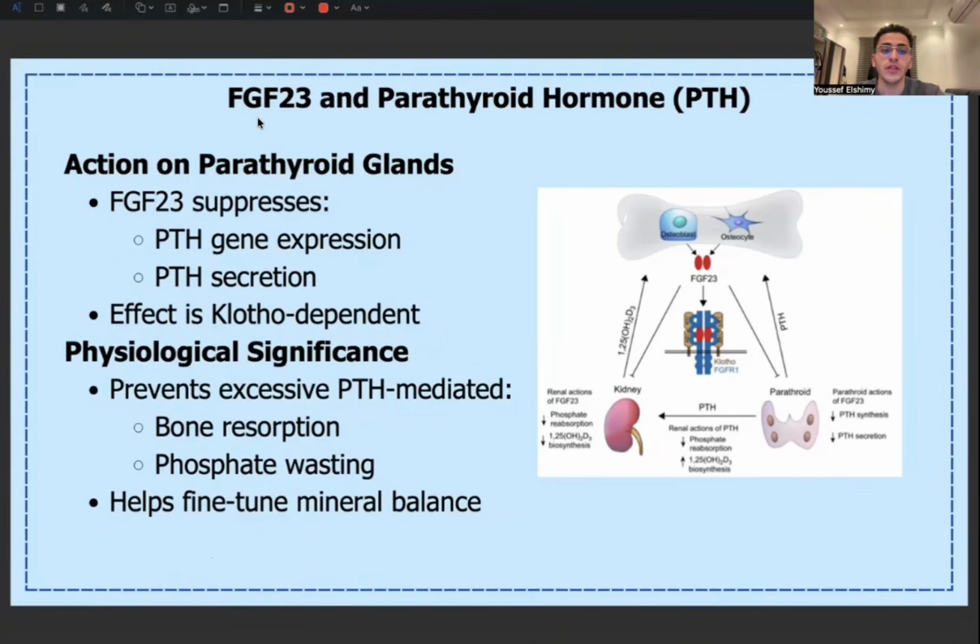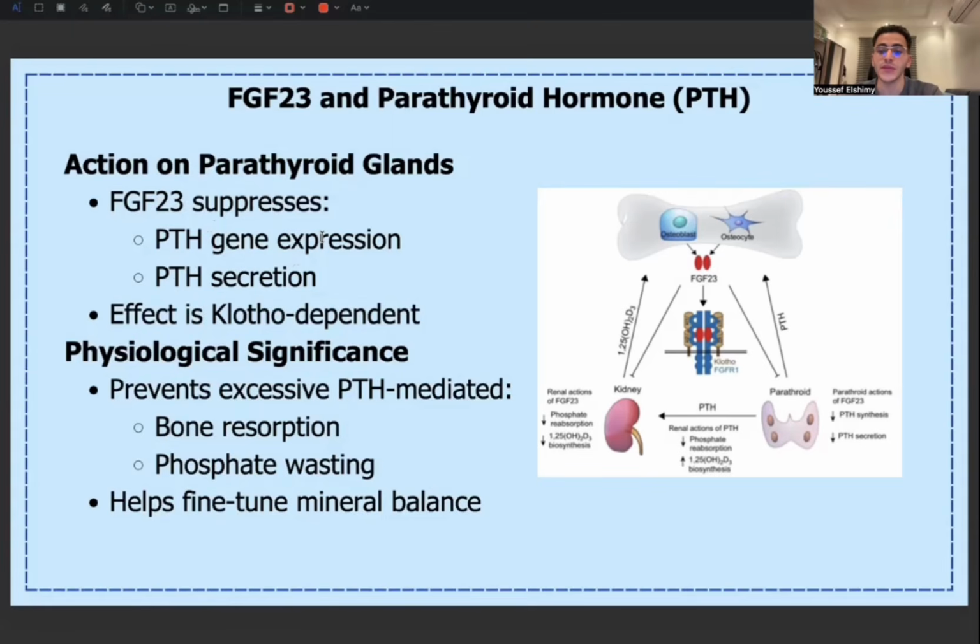Okay, so FGF23 also has effect on the parathyroid glands, since parathyroid also plays a role in increasing phosphate as well as calcium levels. So what happens is that FGF23 suppresses the PTH gene expression and also decreases the PTH secretion. And this effect is closely dependent, as we mentioned.